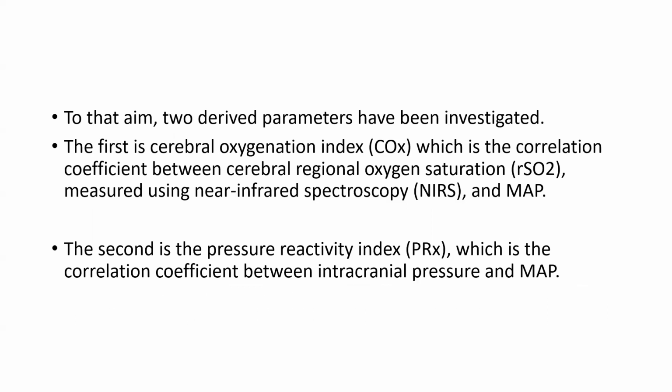To that aim, two derived parameters have been investigated. The first is the cerebral oxygenation index, COx, which is the correlation between cerebral regional oxygen saturation, measured using near infrared spectroscopy, and MAP. The second is the pressure reactivity index, PRx, which is the correlation coefficient between intracranial pressure and MAP.